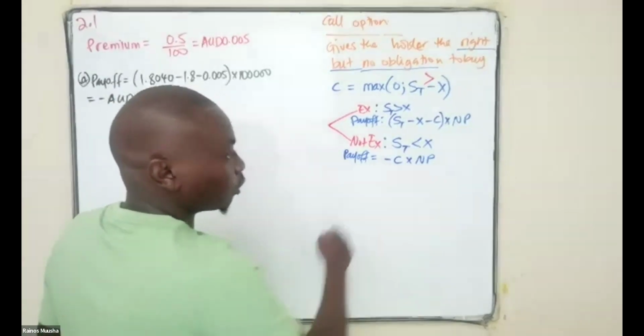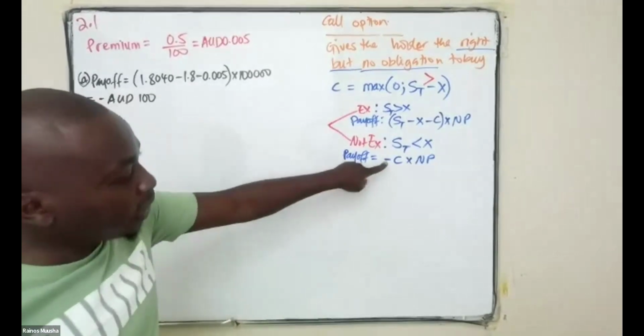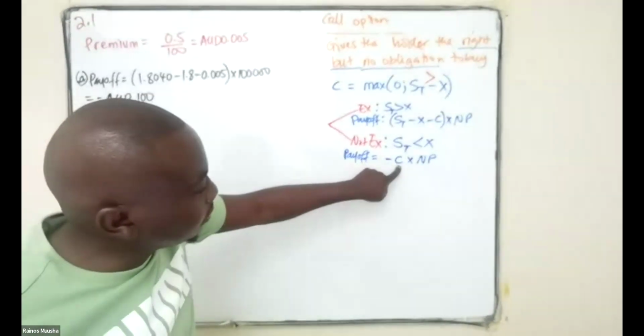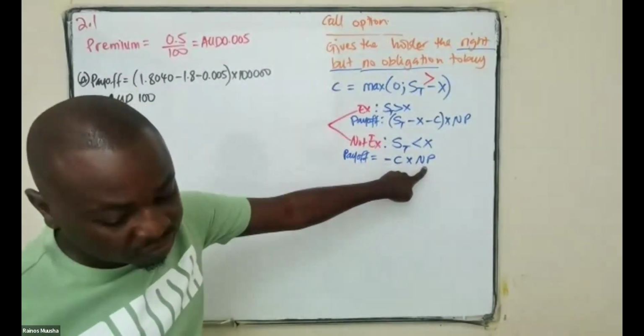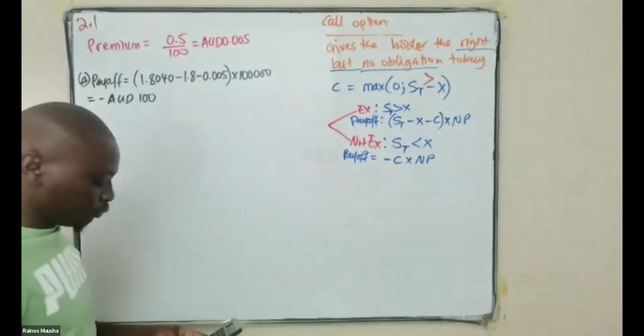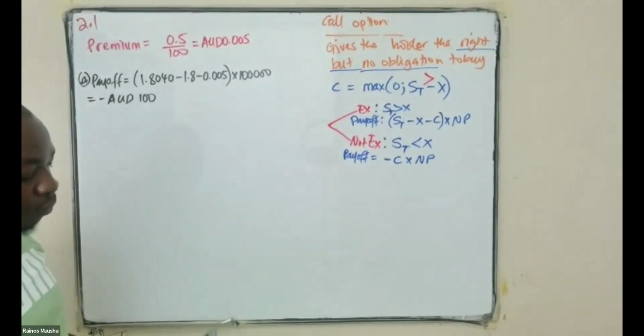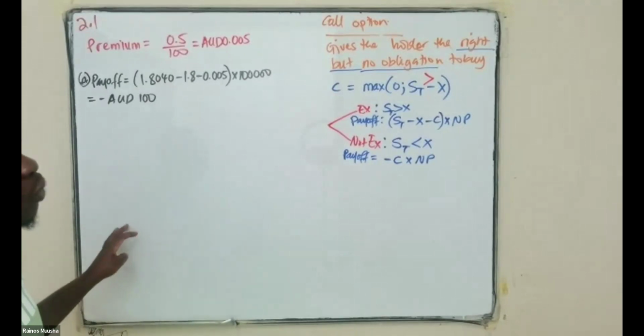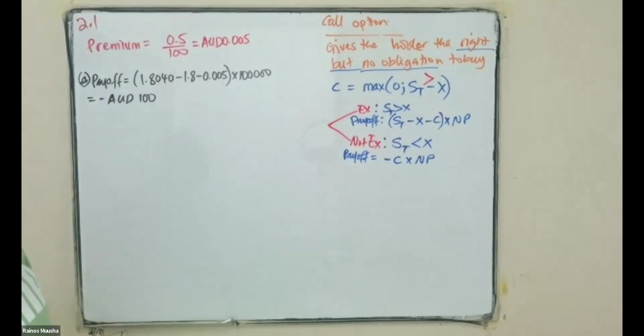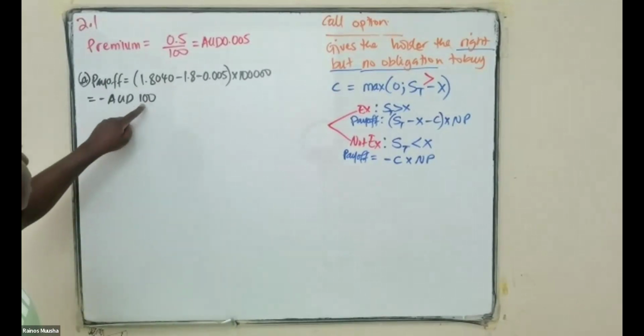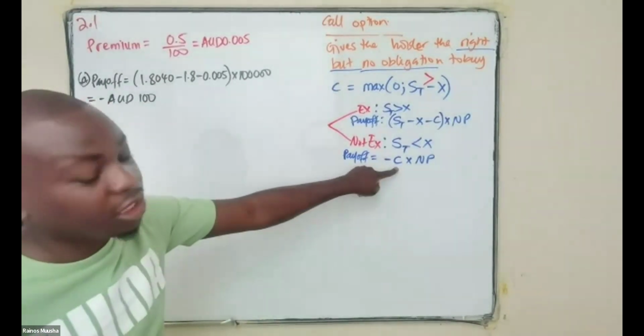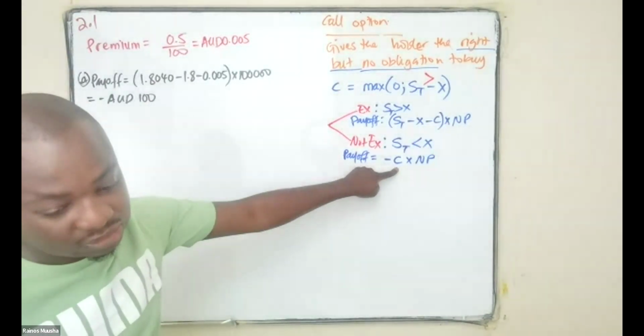If you were to walk away, your payoff would be the premium multiplied by the notional principal. So the premium of 0.005 multiplied by the notional principal of 100,000, you see that we would have lost 500 Australian dollars. So we are better off losing only $100 Australian dollars than losing 500 Australian dollars if we walk away from the contract.